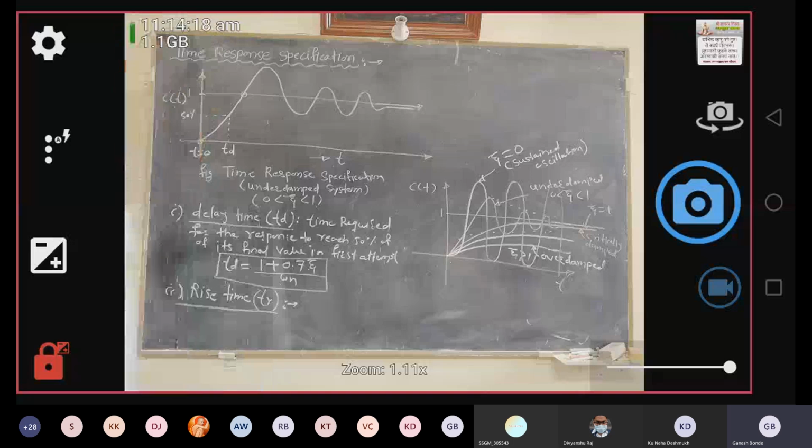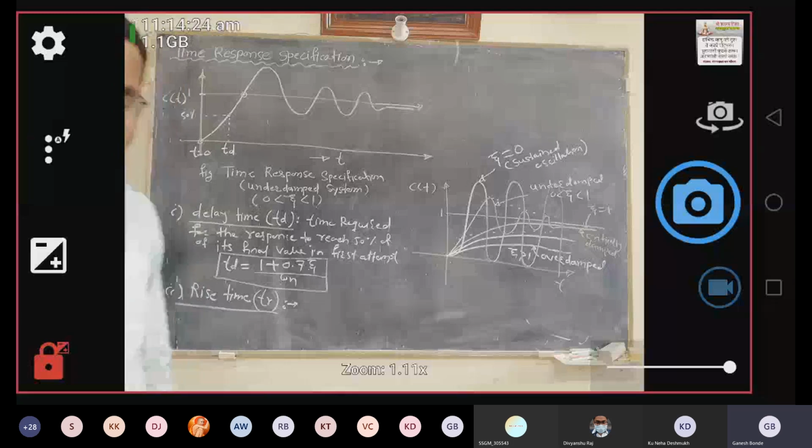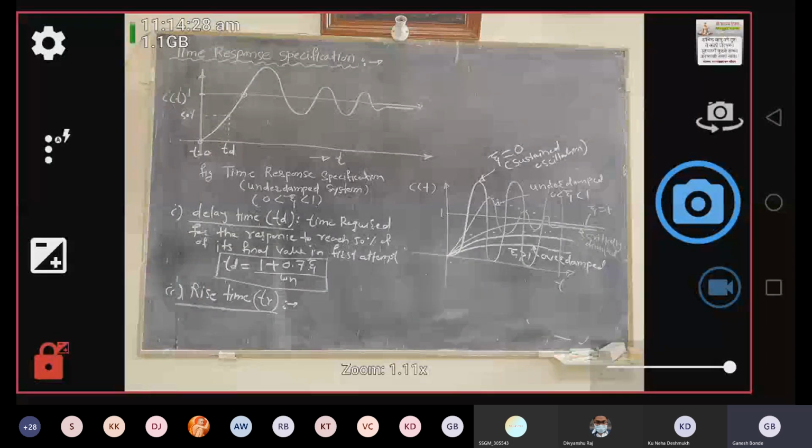So we can define rise time this way: it is the time required for the response to rise from 10% to 90% of its final value for an overdamped type system, and from 0 to 100% of the final value for an underdamped system. So for an underdamped type system, rise time is the time required for the response to rise from 0 to 100% of its final value.